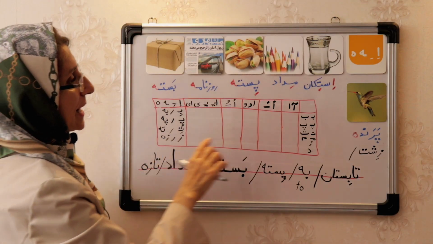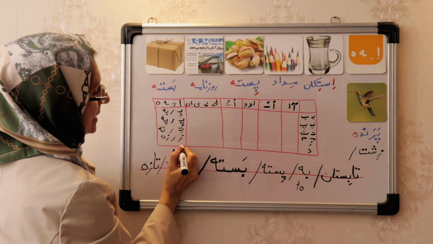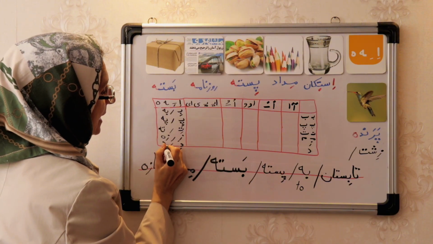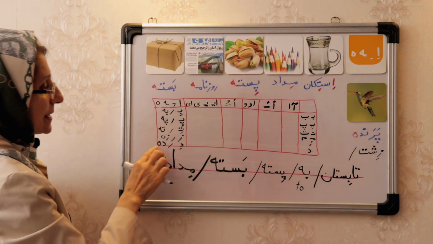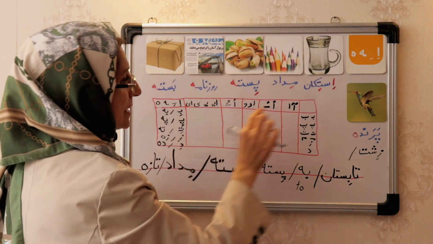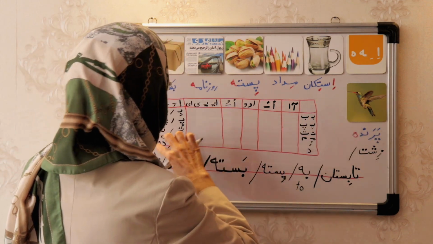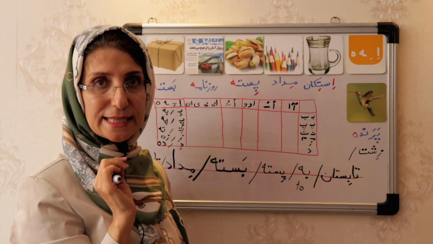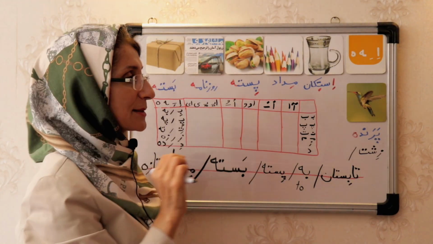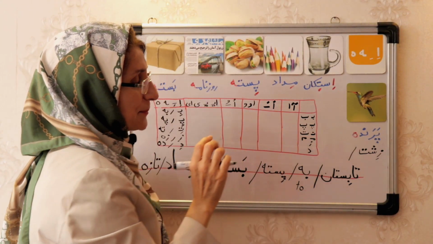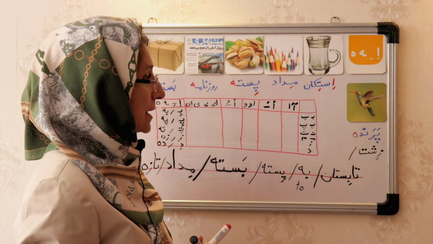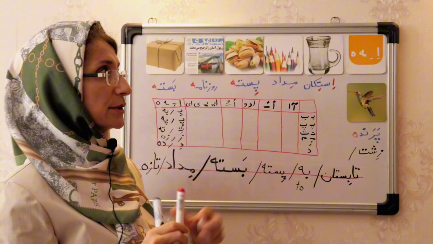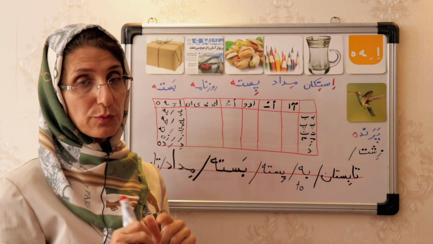And the sound R with A will be R and the A like پرنده. Now you have learned a very important sound in Persian with 4 members and numerous words.